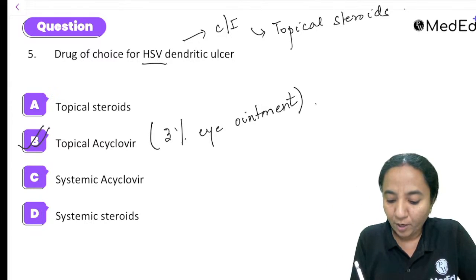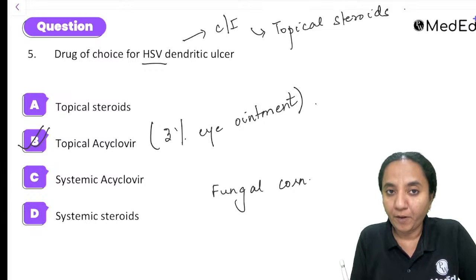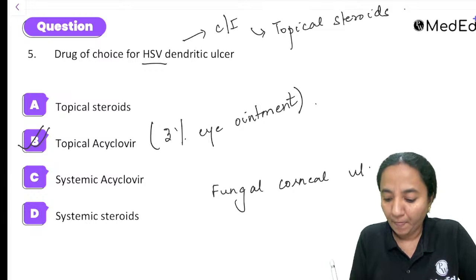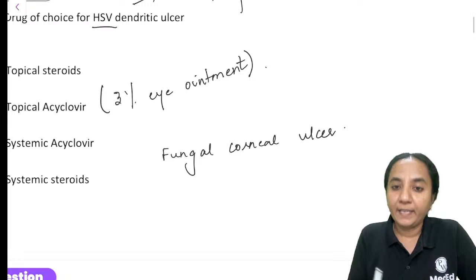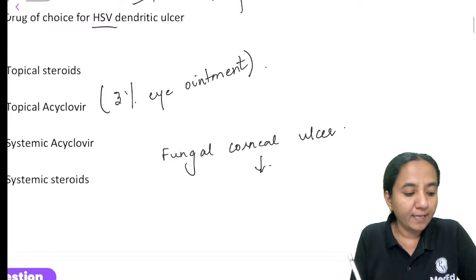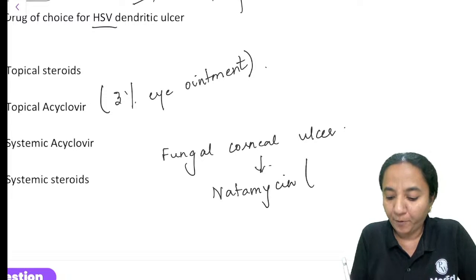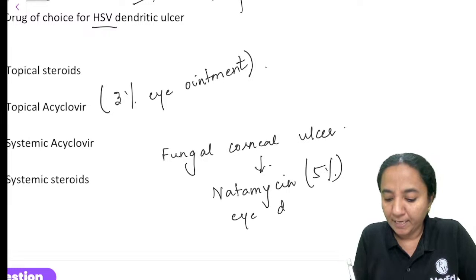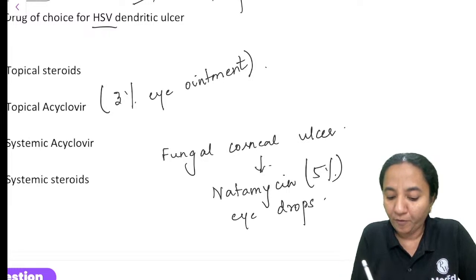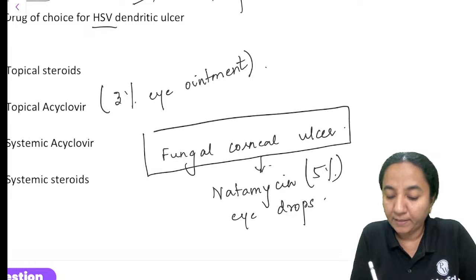Tell me what is the drug of choice for fungal corneal ulcer? The drug of choice for fungal corneal ulcer is natamycin, 5% eye drops. This also comes as an MCQ.